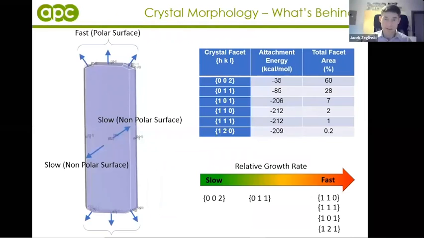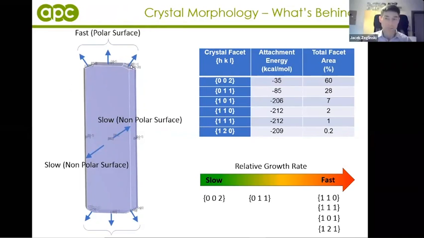And just looking at the methodologies, we have chosen an attachment energy theory, where the crystal growth is considered to be proportional to the attachment energy, which is the energy released upon interaction with a molecular slice of the particular facet.